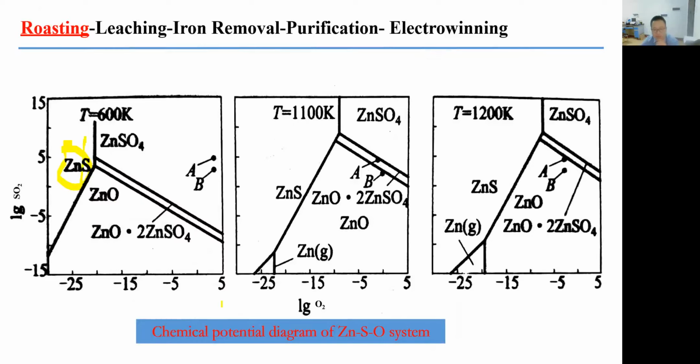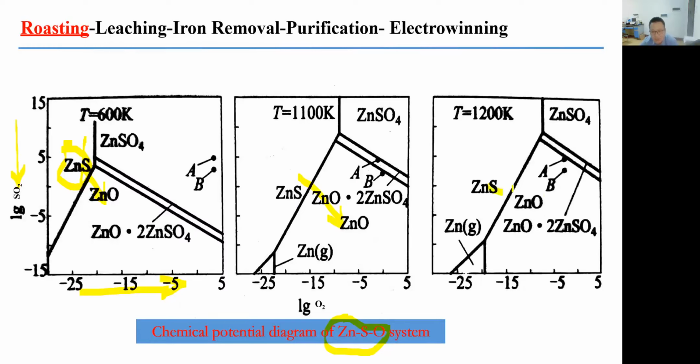And if we check the thermodynamics of the system, zinc, sulfur, and oxygen with HSC or with theoretical calculation, we will find out that when we increase the oxygen partial pressure and decrease the sulfur partial pressure, zinc sulfide will move to zinc oxide.